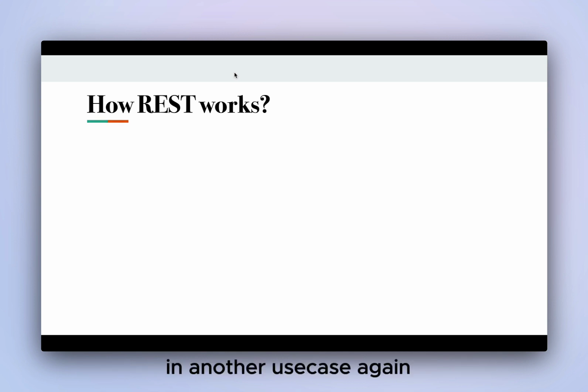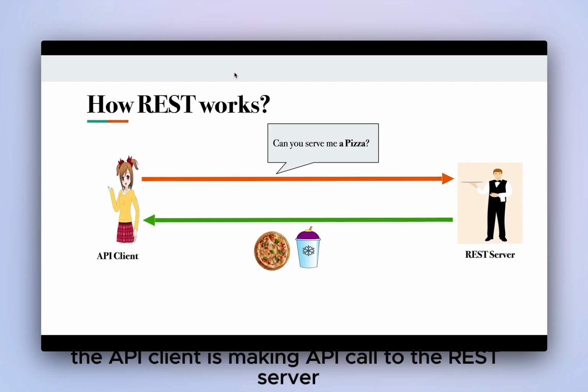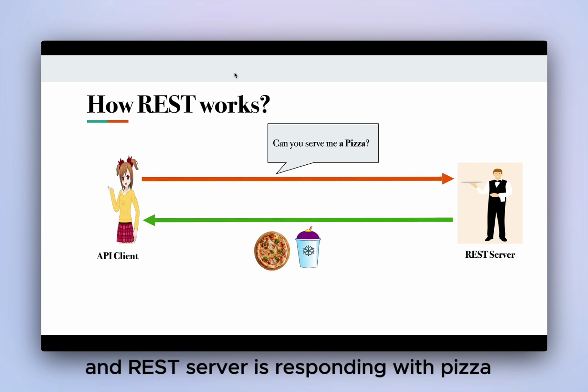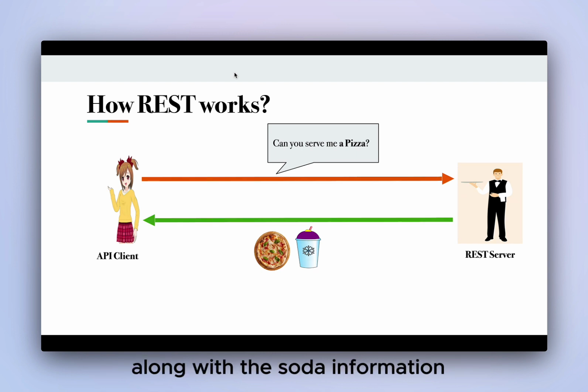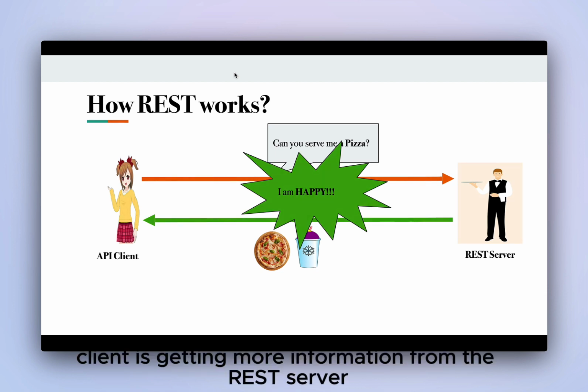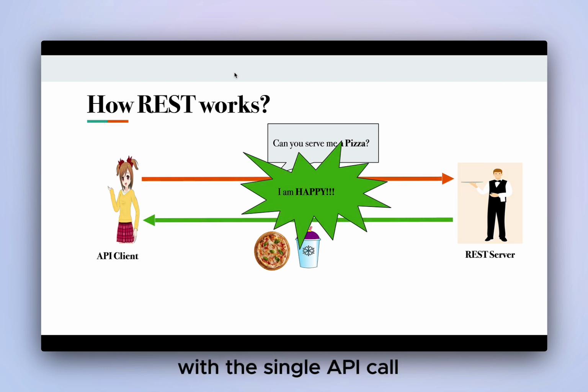In another use case, again, the API client is making an API call to the REST server to get the pizza information, and the REST server is responding with pizza along with the soda information. This API client is happy because it is getting more information from the REST server with a single API call.